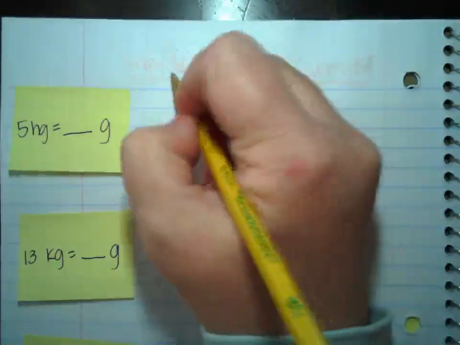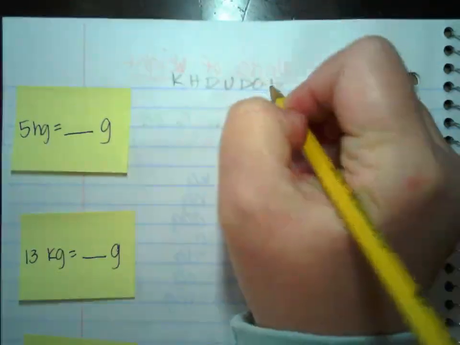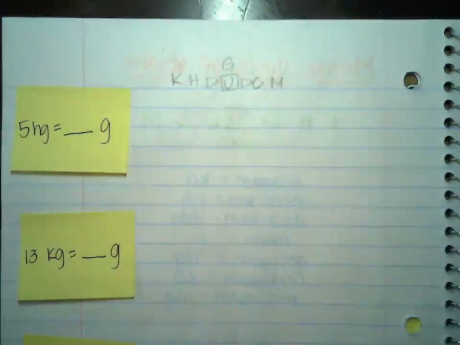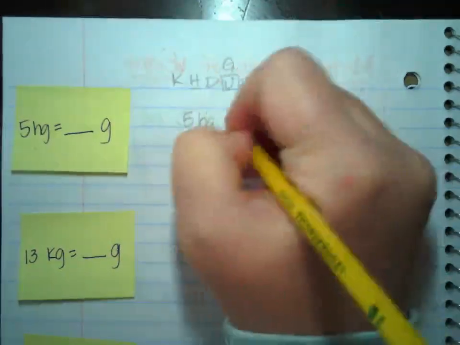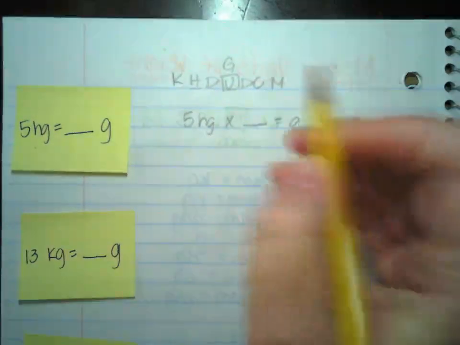All right, so here we are. Okay, so I'm going to copy down my acronym first. Grams are my unit. So this time I'm going to start with hectograms, which is here. So I have 5 hectograms, and I'm going to multiply them by something to equal grams.